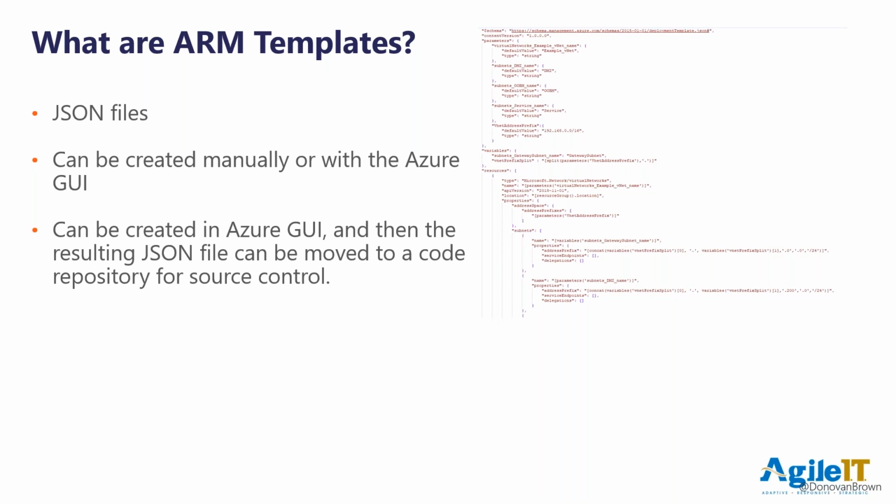You can actually publish these to the marketplace for stuff that you want to reuse back and forth, or a custom specialized application that you want to do. It's written in JSON, which is universally accepted as a language, and you can manually create these, or you can type them up in Notepad, or you can actually do it through Visual Studio.